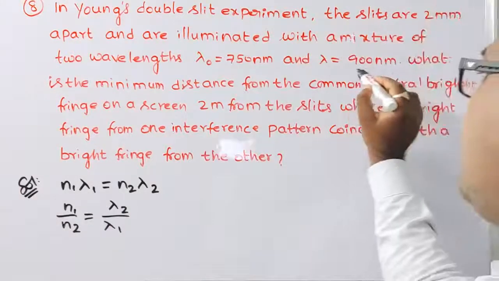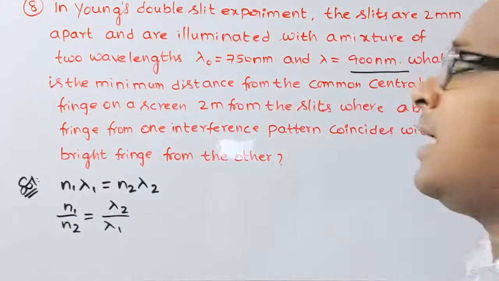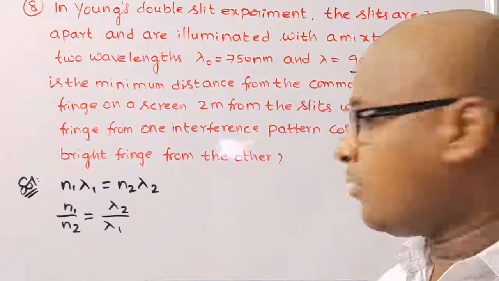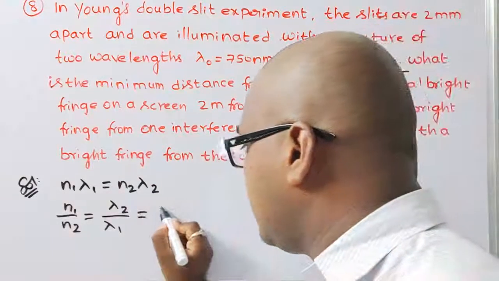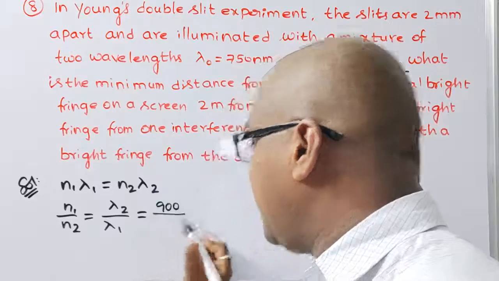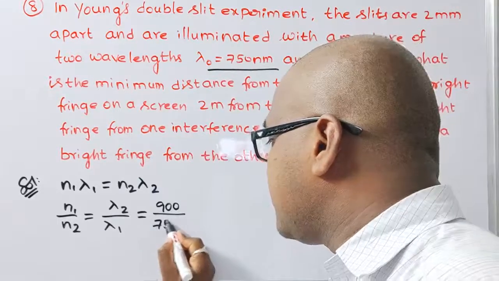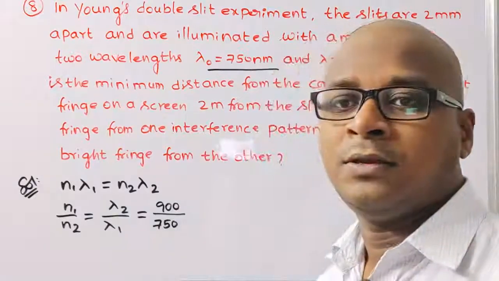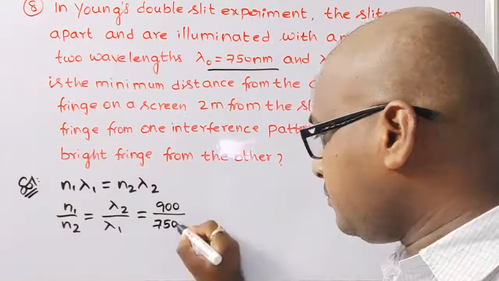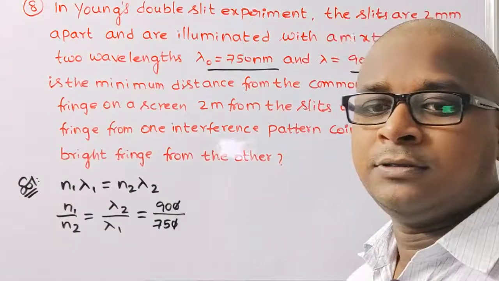Here in this problem lambda 2 is 900 nanometer and lambda 1 is 750. The zeros cancel.